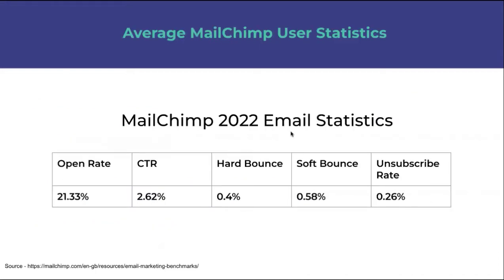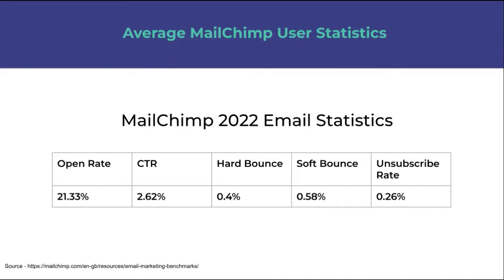So a bit about average MailChimp user statistics. MailChimp recently released a blog post on their site within their resources section for the average 2022 email statistics: the benchmark open rate that a MailChimp user was getting and their benchmark click-through rate.